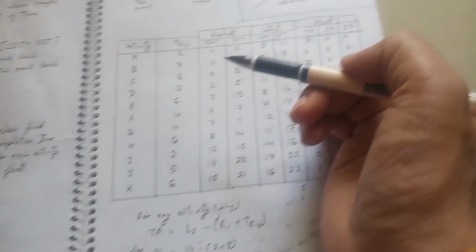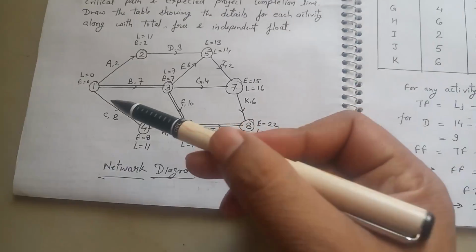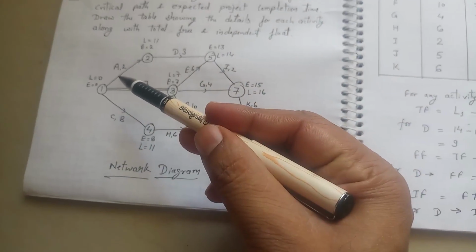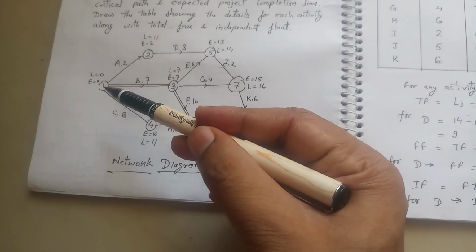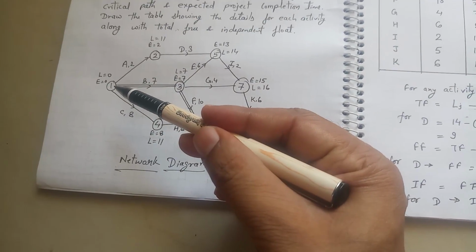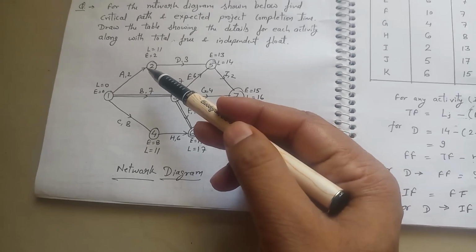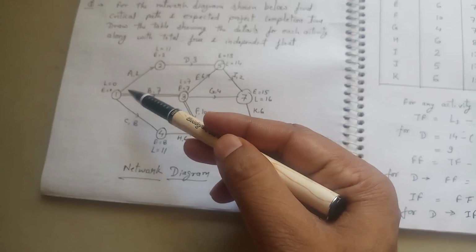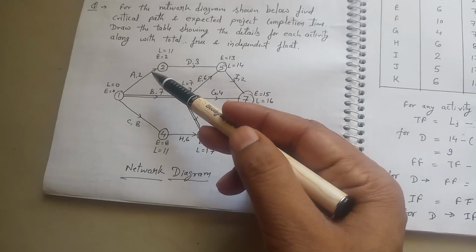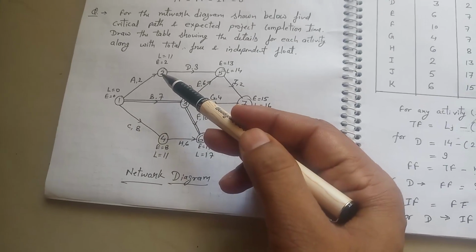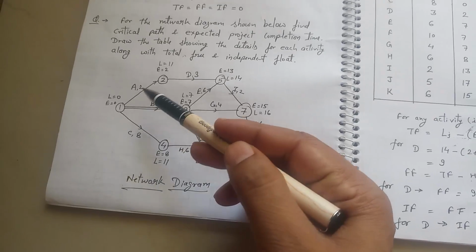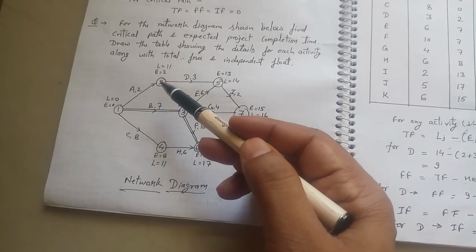Now we can see here for activity A. For activity A, we start from 0, so earliest start time is 0, and the expected time is 2, as we know. So earliest start time is 0 and earliest finish time is 2.